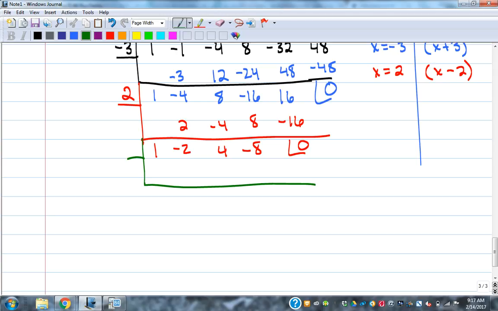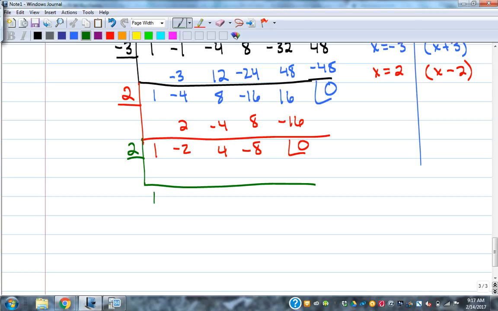So here we have another, we've taken it from 5th degree to the blue line, which is 4th degree, did synthetic again. Now we've got 3rd degree. And we know that 2 has a multiplicity of 2 or 4. We know it can be used more than once, right? So we're going to use 2 again on synthetic there. Because we know when it bounces off the x-axis, that's what that means.